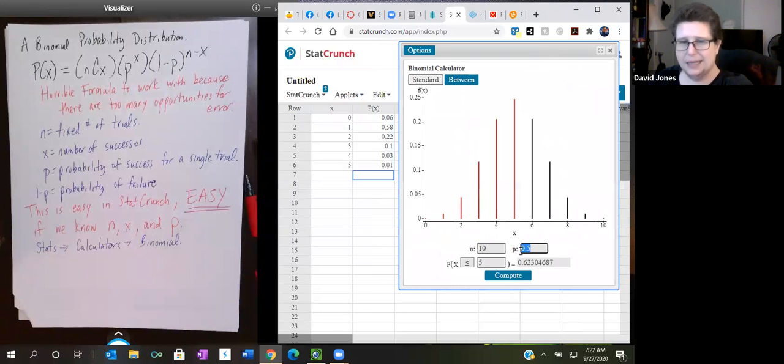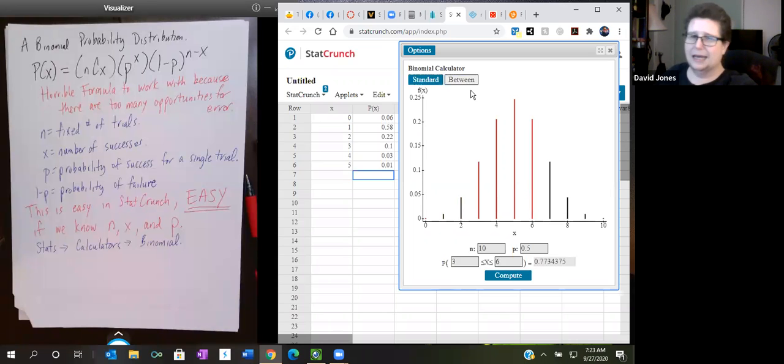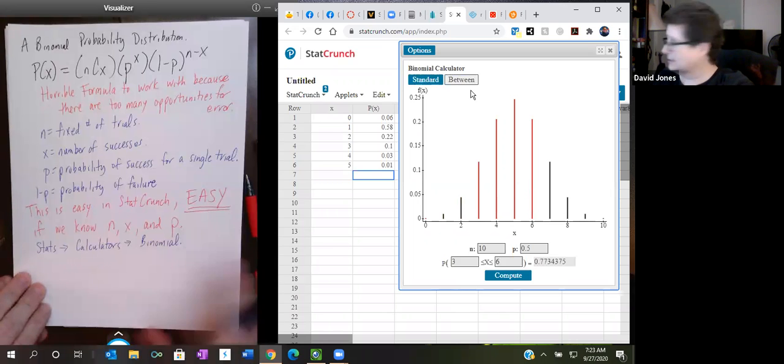I need P. And I need to know what X equals. Notice I have a drop-down menu for the symbols. I actually mentioned the symbols earlier, but maybe I should go through them and talk about the inequality symbols. This has a normal tab and a between tab. It has both, but we do need N, P, and X.